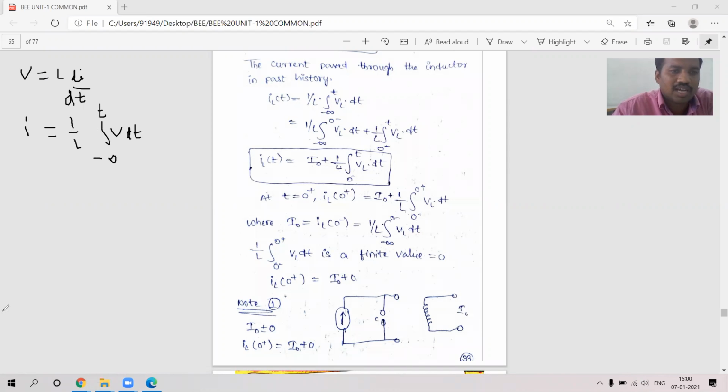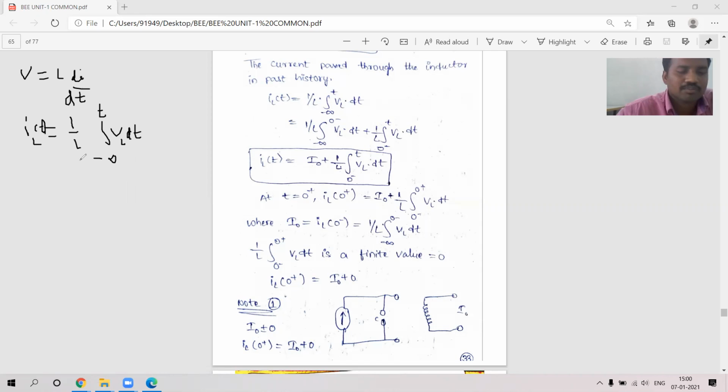I am considering the current as IL with respect to t. IL of t is 1 by L integral from minus infinity to t of VL dt, where VL is the inductor drop. Already we said that we can consider before the switch and after the switch.